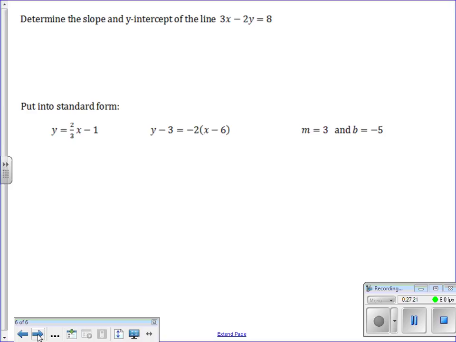Listening? So top one, determine slope and y-intercept. In other words, write it in slope-intercept form. Find mx plus b. Go ahead and do that. Rearrange it. Solve for y.